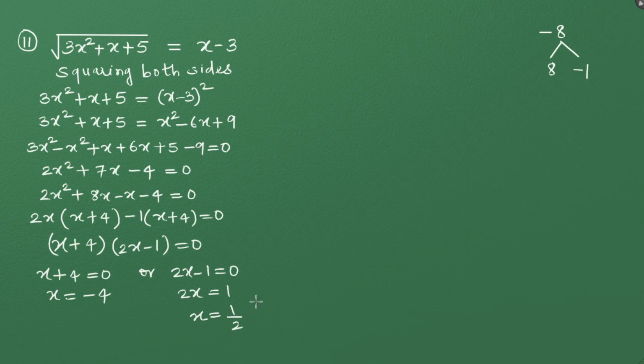Now we need to verify by substituting these values in this equation. So let us do it first for x equals minus 4. Left hand side, I am substituting the value of x as minus 4 in the left hand side of the equation.